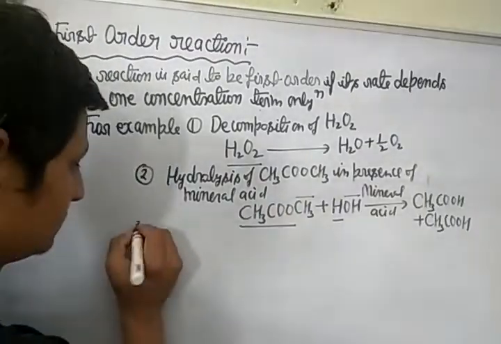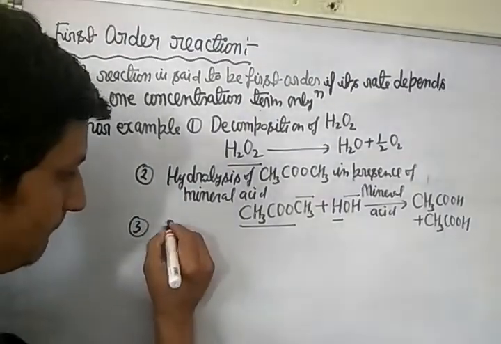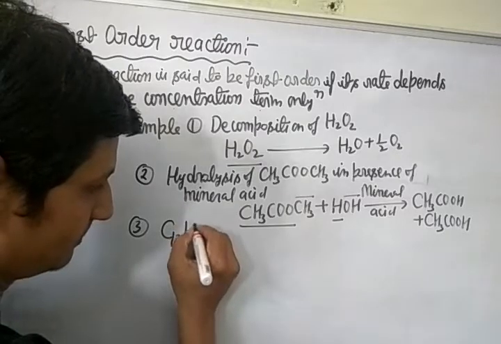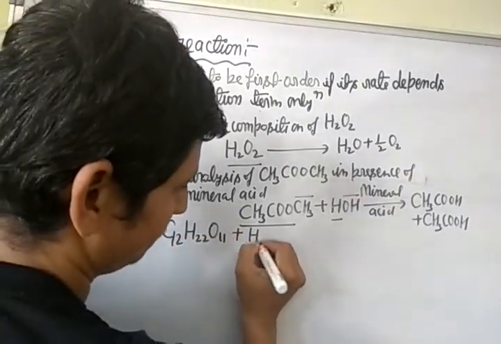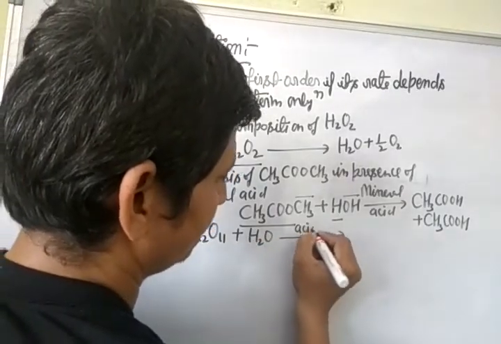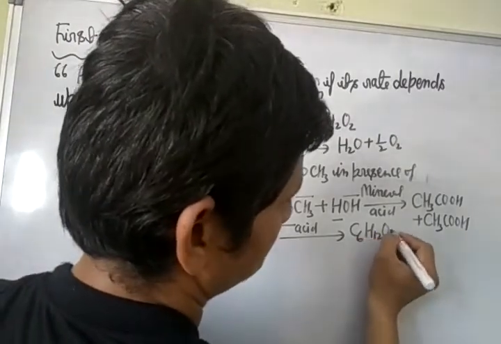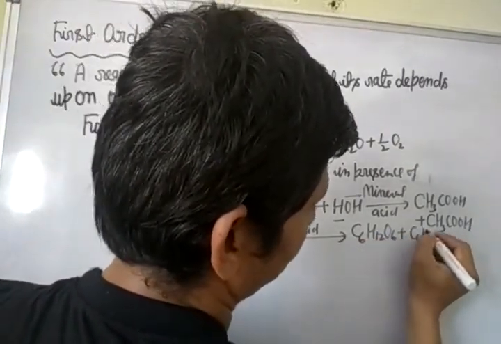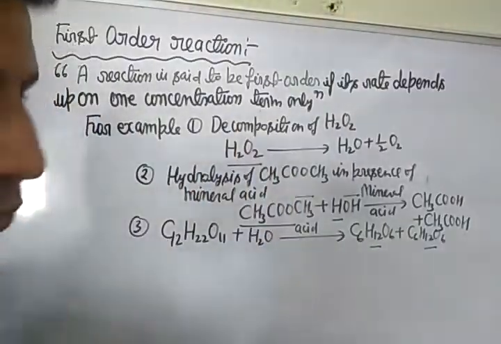Third example, hydrolysis of cane sugar in presence of acid. Formula of cane sugar is C12H22O11. Hydrolysis means water; in presence of acid it gives glucose and fructose.